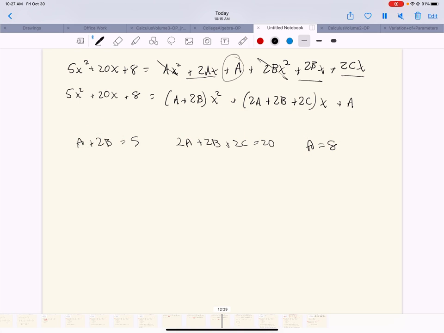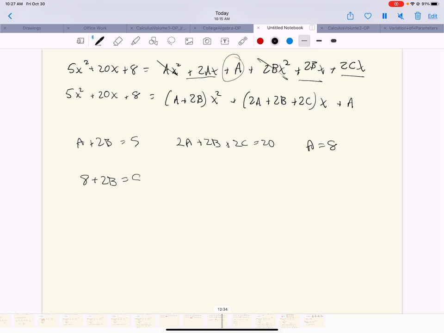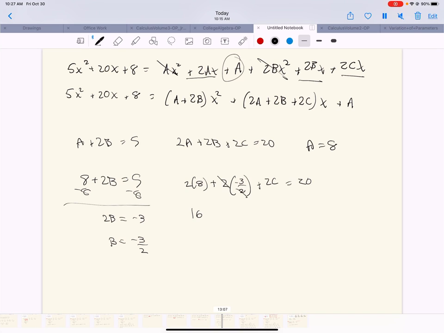Then once I have a and b, I can put them over here and solve for c. If I plug in the 8 for a, I can subtract, and I get b equals -3/2.